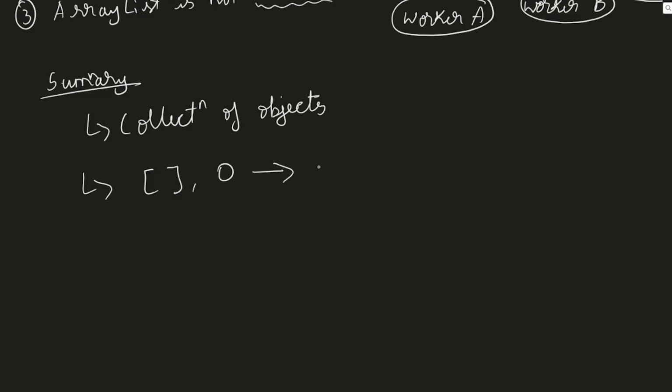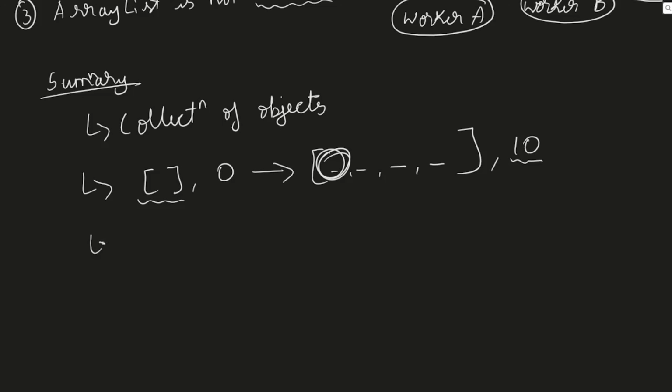And when you try to insert the first element into this particular bucket, it will create an initial size of 10 and then insert the first element with the given element, and then it will increment the size variable of ArrayList.